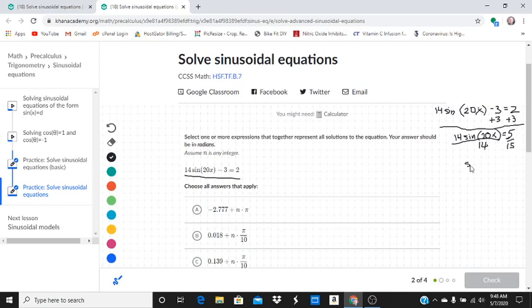So now we've got the sine of 20x. Oops. Not divide by 15, but 14. So that equals 5/14.